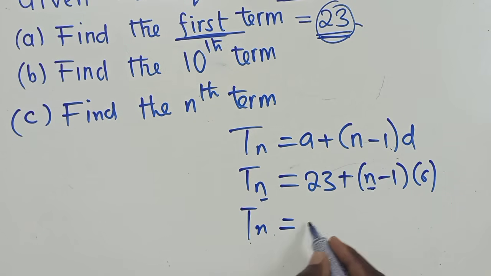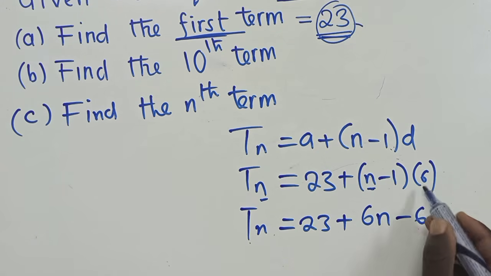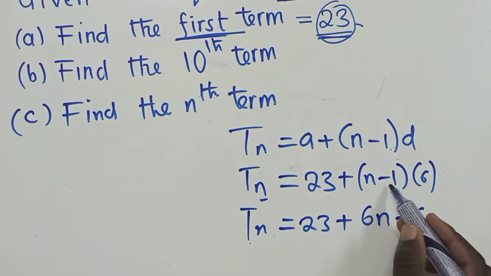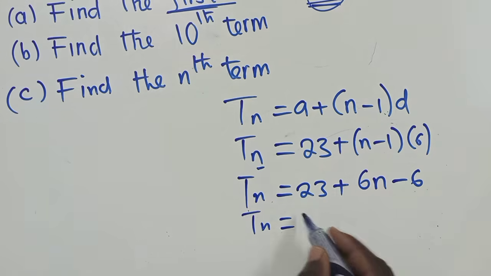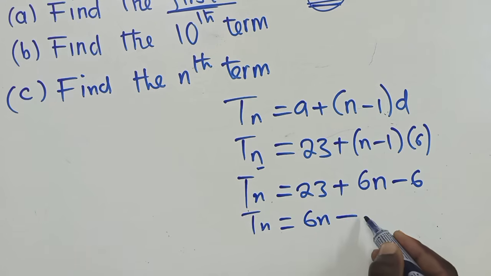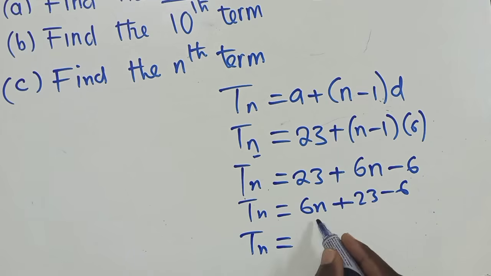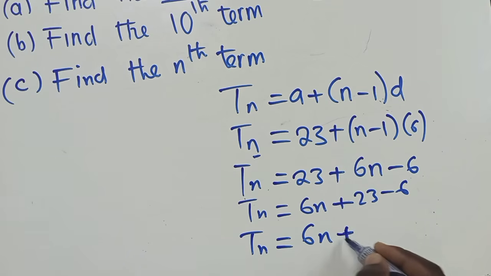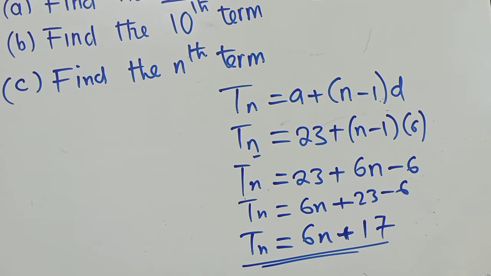You work out there, you have a 23 plus, here we have a 6, n minus 6, because this 6 right here is being multiplied by everything that is inside the brackets, of which here we shall have 6n plus 23 minus 6. Finally, we'll get this. This is 17, if I'm not mistaken. So that's it. This is the solution that we are getting.